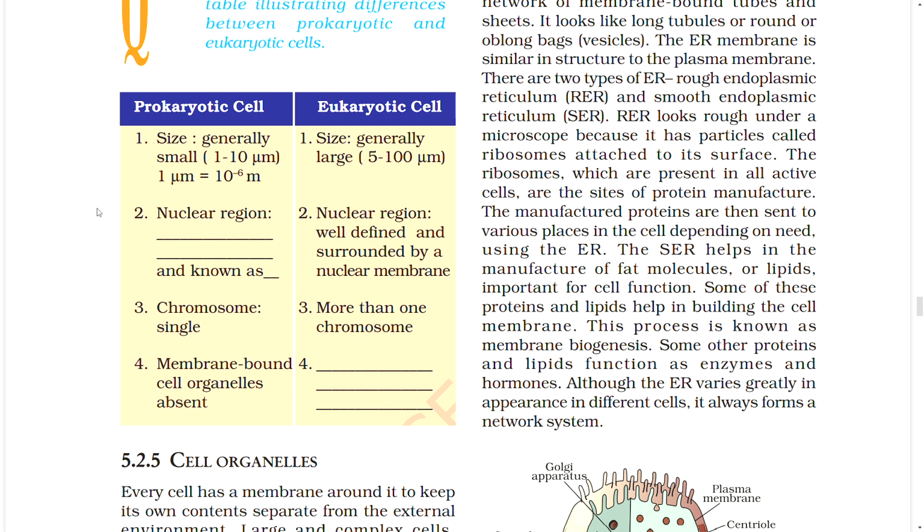Nuclear region: comment on this. Nuclear region well defined and surrounded by a nuclear membrane. 3. Chromosome single. 3. More than one chromosome. 4. Membrane-bound cell organelles absent. 4. Comment on this.